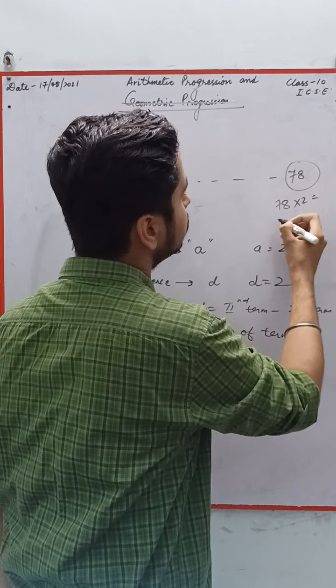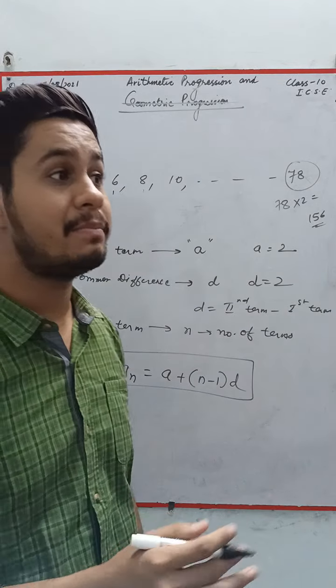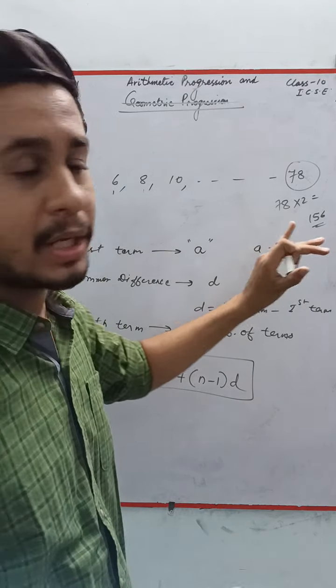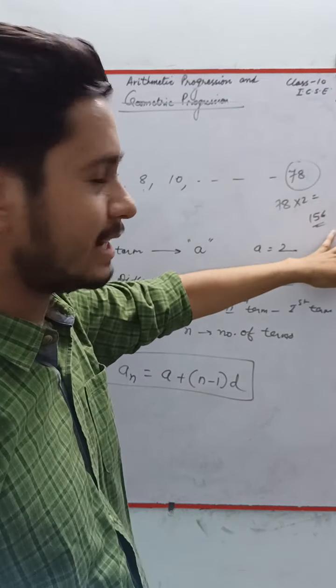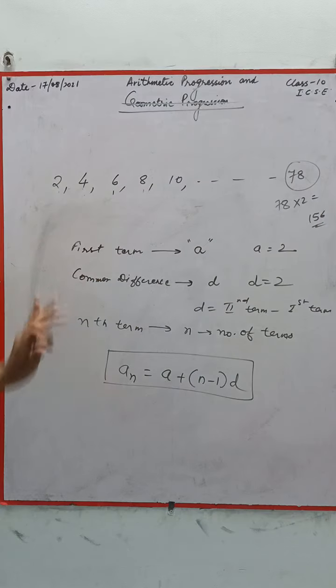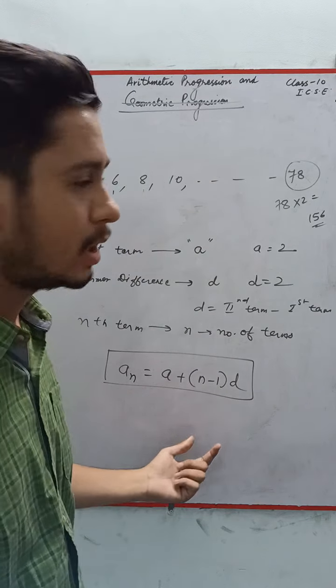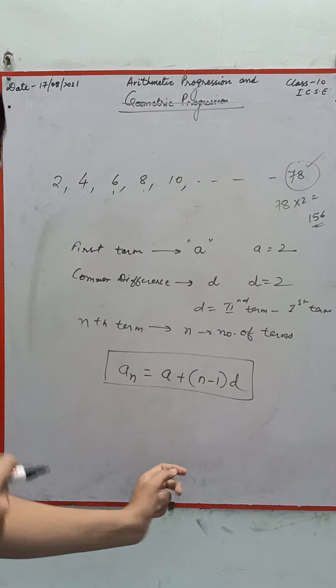So 78 into 2 will give you 156 and we got the answer. But sometimes in a series it would be difficult to just track what the particular term will be. So here I can easily find it, but now with the help of this formula, how can we find it? Okay, so I asked you to find the 78th term.